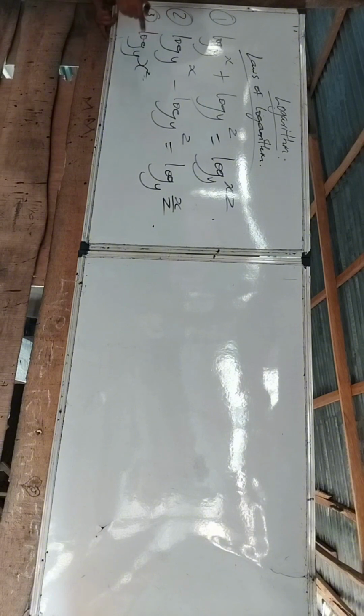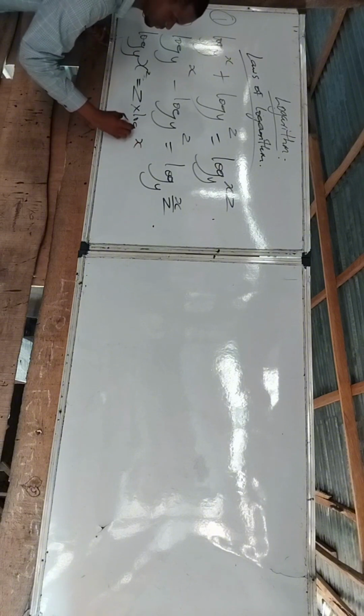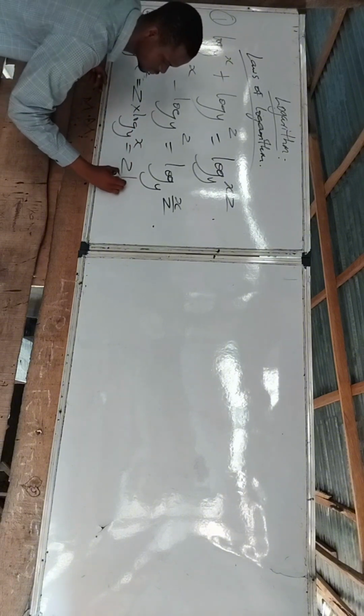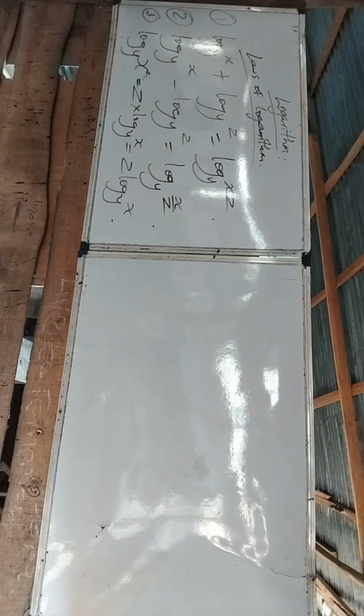The law said that whenever the number is raised to a power, use the power to multiply the logarithm. What's the power here? z. You are going to have z times log s base y. That will give you the answer.